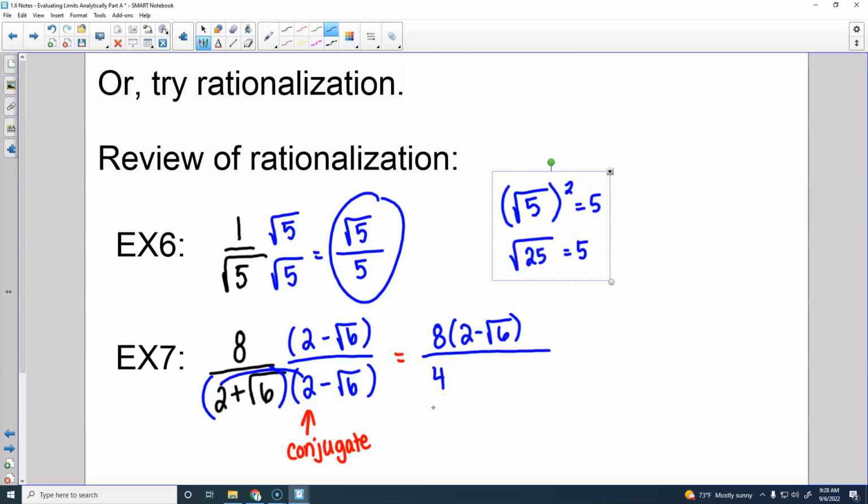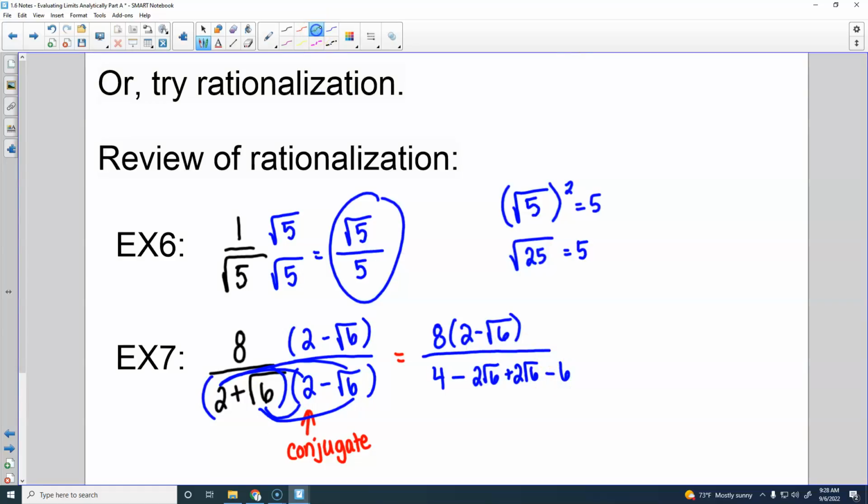And then I'm going to write it this time just to show you, but I usually do this part in my head. 2 times negative square root of 6 gives us negative 2 root 6. And then 2 times square root of 6 here is going to give us positive 2 root 6. And then at the end, we'll have negative 6.